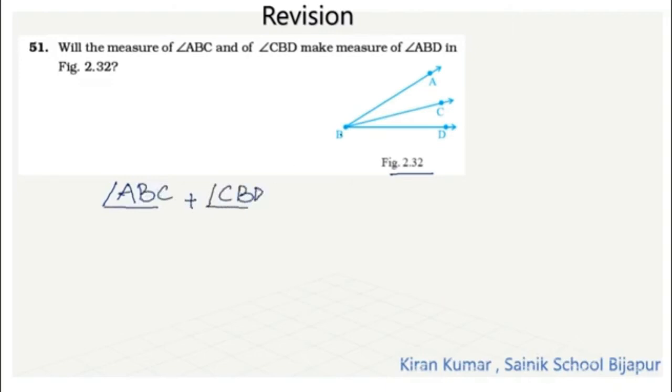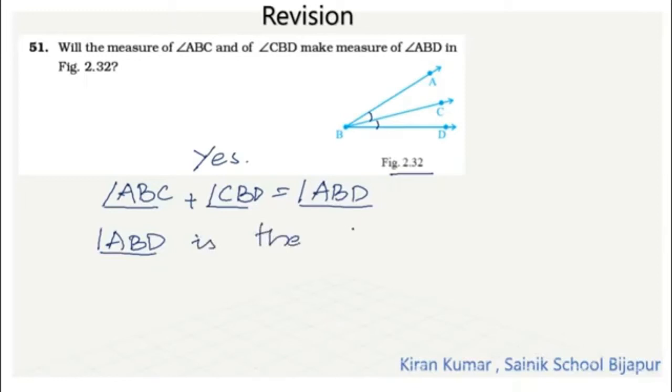Look at their sum. This angle added to this angle, it forms angle ABD. So the answer is yes. Angle ABD is the sum of angle ABC and angle CBD.